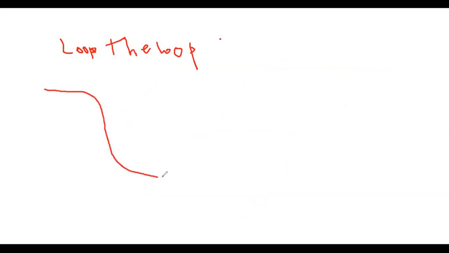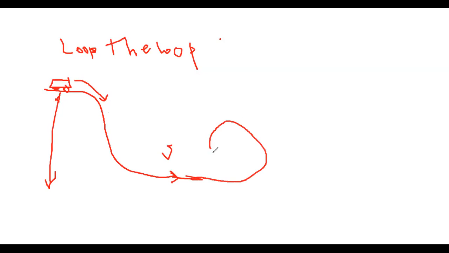So you release the cart from this height, okay? And the cart will go down and will reach this velocity v here. Then it will go up in a circle, and you must calculate the radius of your circle, because at this point C, it will have a different velocity u.